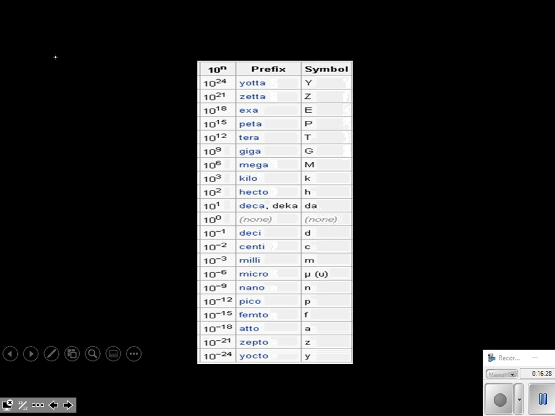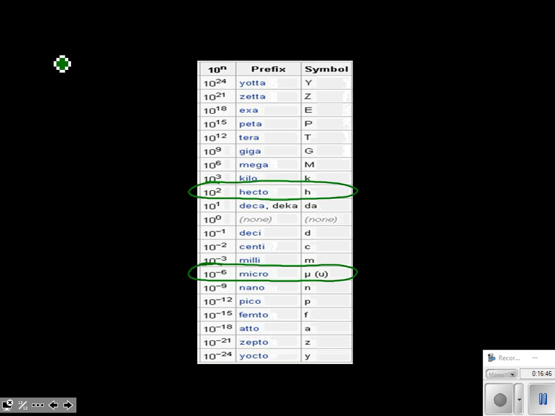When I'm doing something like going from a negative value, here's micro, and let's say I want to go to hecto. I know that I'm going up, so I'm jumping in which direction? To the left.